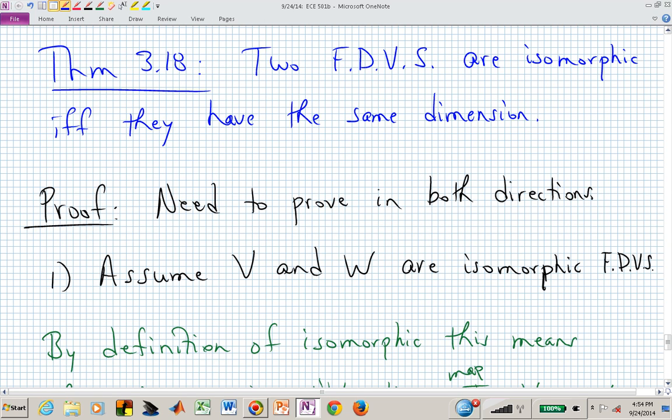Now let's assume the other. Let's assume that we start with the dimensions being the same for our domain and codomain and see if we can now show that the two vector spaces have to be isomorphic. And then we will have gone the other direction.